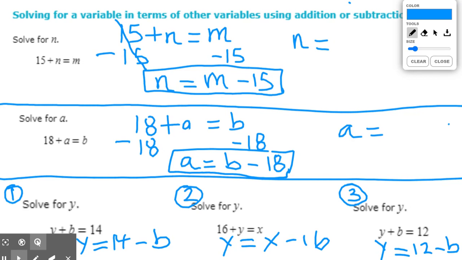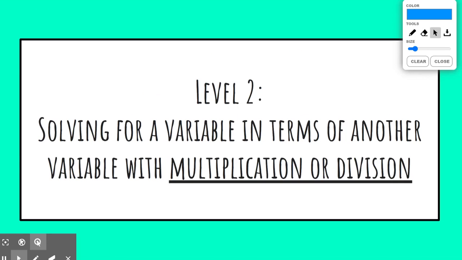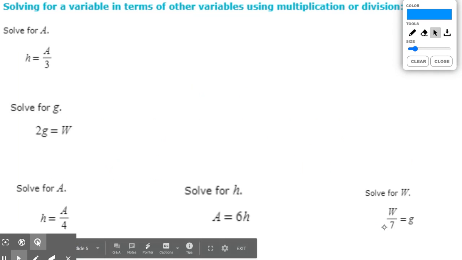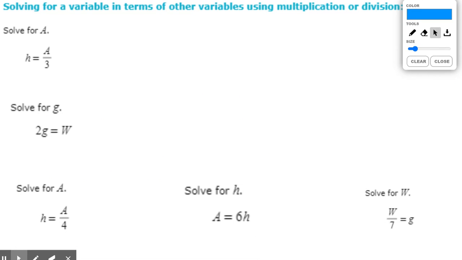Okay, now we're moving on to the next level: solving for a variable in terms of another variable with multiplication or division. So this time we're going to be using multiplication or division. So we have h is equal to a divided by 3 for our very first one, and we are solving for a.